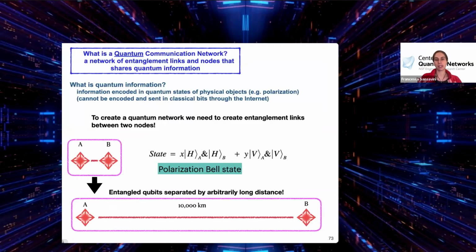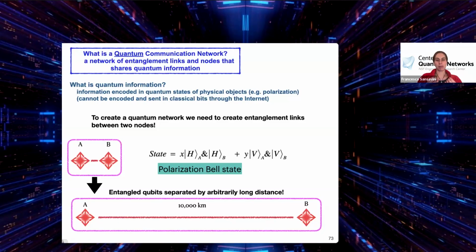So a quantum network is defined as a network of entanglement links and nodes that share this quantum information. Quantum information we have seen is a type of information that is encoded in quantum states of physical objects. So we have seen the example of polarization. To create a quantum network, really the building block is this entanglement link between two nodes.